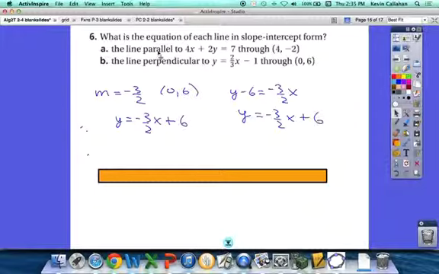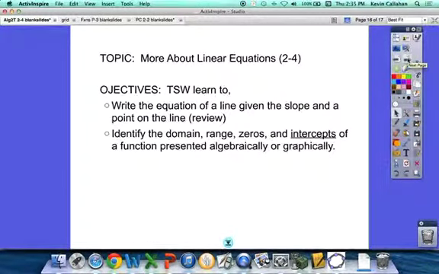Everybody all caught up and everything? That's the end. All right, so write the equation of a line given the slope and a point on the line. That was the point slope form. And then again, this, probably most informative for the intercepts. There's other parts of it that we'll do at other times.